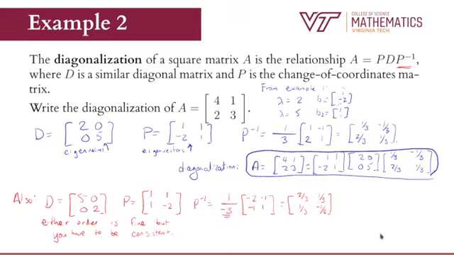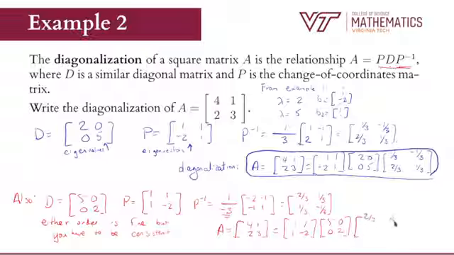Okay? And therefore, A is 4, 1, 2, 3, but it's also equal to P times D times P inverse. So that would be 1, 1, 1, negative 2 times 5, 0, 0, 2 times 2/3, 1/3, 1/3, and negative 1/3. And again, both of these answers are correct.